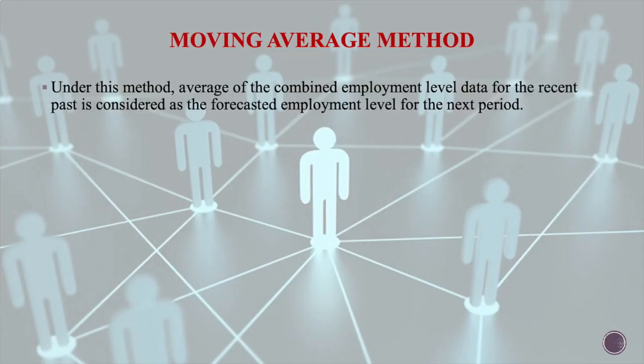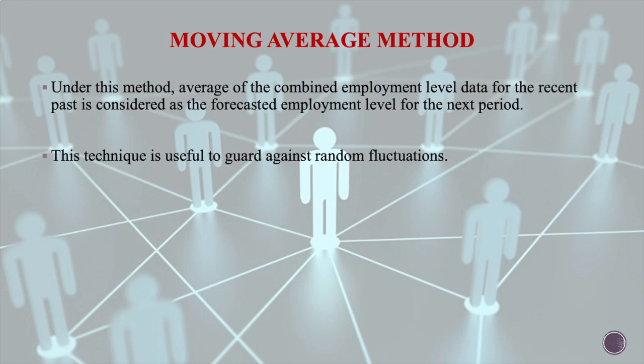Let me talk about the moving average method that is used in understanding the quantitative tools for HR planning. The moving average method takes the average of the combined employment level data for the recent past, and that is used to forecast the employment level for the next period.